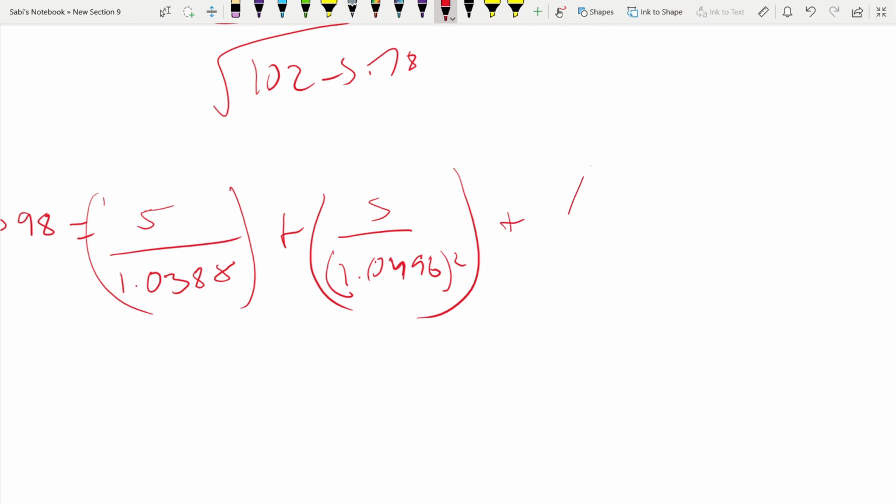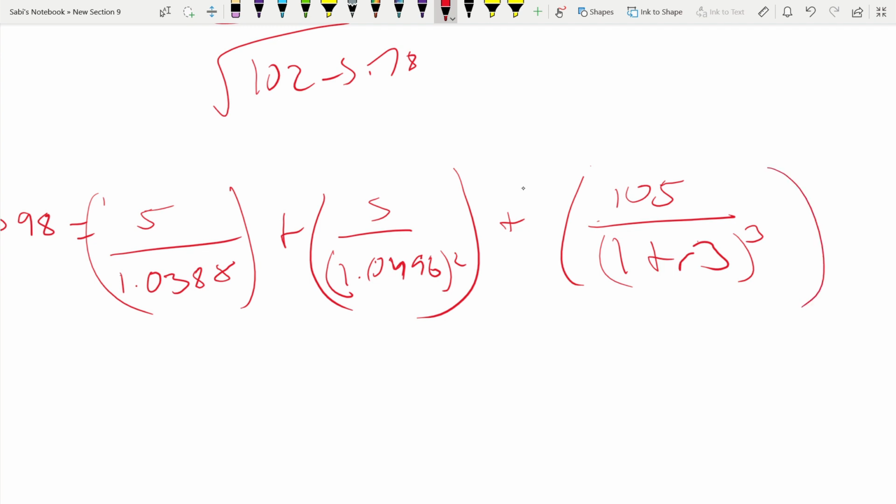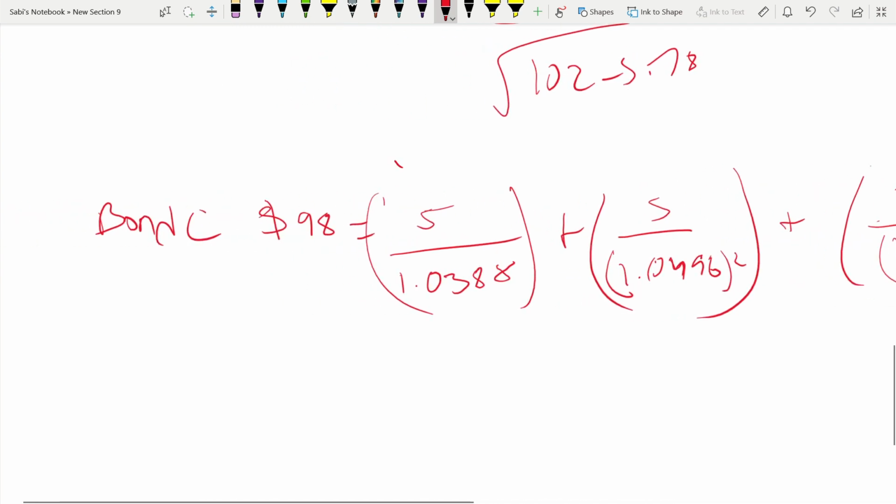Third year, this is known as an iterative process. It will be 5 and 105 divided by 1 plus R3 to the power 3. You don't know what R3 is. You have to make this the subject in this long equation. So this and this you can automatically find out the number. Add both.